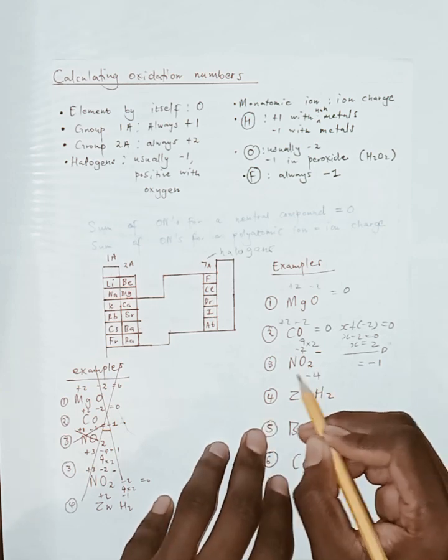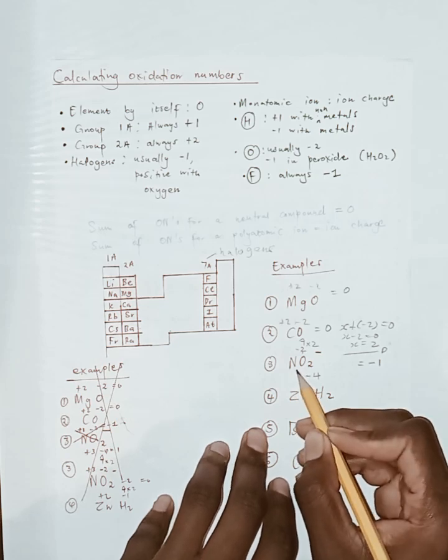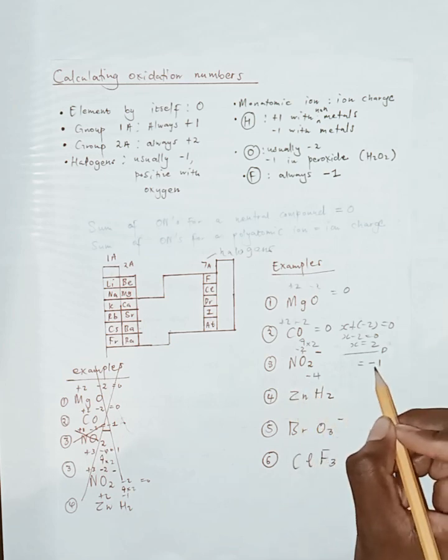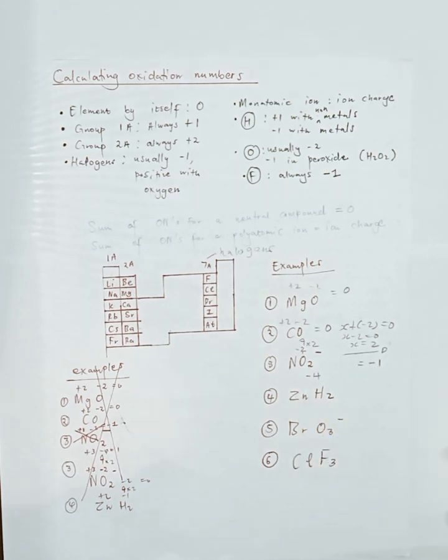So now we want a number for N such that, combined with -4, it gives us -1, because it's the sum of the oxidation numbers for this polyatomic ion.